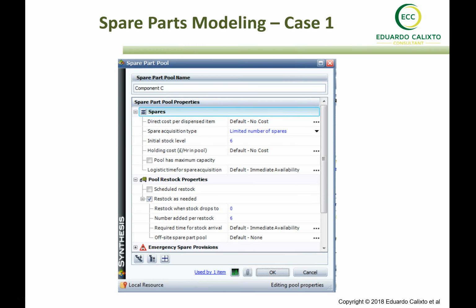For component C, we have an initial six spare parts for the whole 20 units of time, 20 hours. We would acquire six spare parts for the whole life cycle, and when it gets to zero, if I go through a new life cycle, I again restock the six parts.